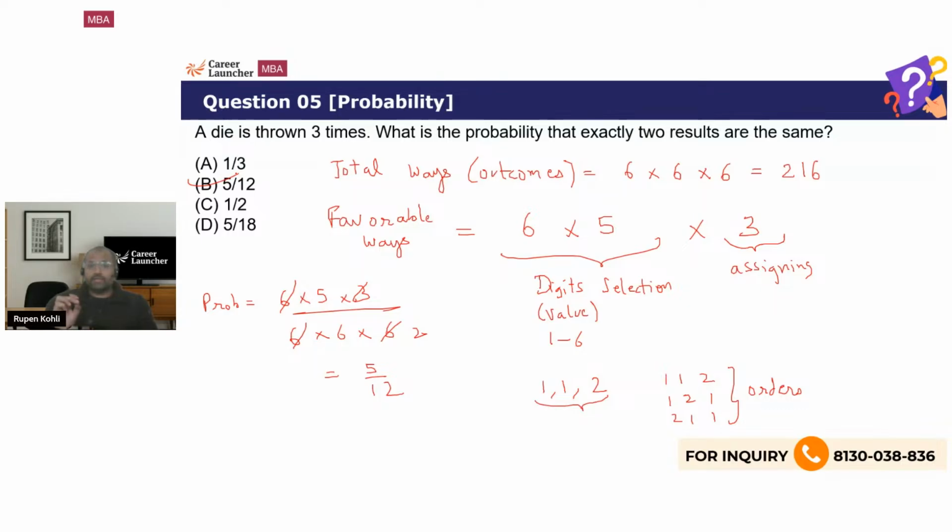If you have considered the total ways in an ordered way, so favorable ways also should be considered in an ordered manner. The most common mistake that people make in this question is they stop at 6 into 5 and they forget to do into 3 part, that assign also has to be done, right? Perfect.